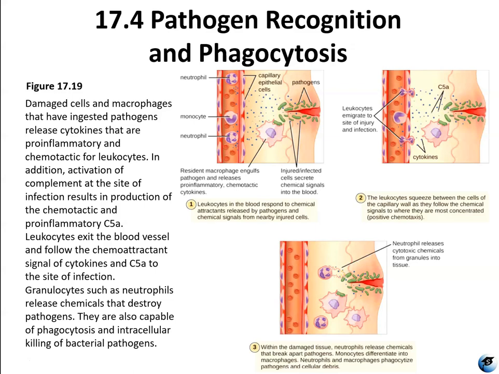You have activation of complement, then you have production of chemotactic and inflammatory C5a, and then you have leukocytes that are leaving the blood vessel, and they follow the chemo-attractant signal to the cytokines and the C5a to the site of infection. And then you have granulocytes, like neutrophils, that are releasing more chemicals that destroy the pathogens. And then you also have phagocytosis and intracellular killing by NK cells. So there's a lot going on here.